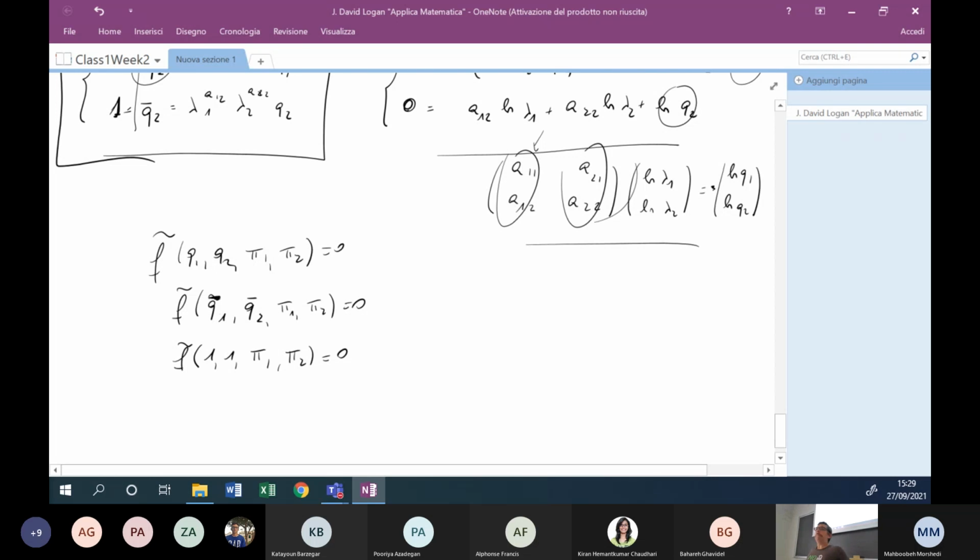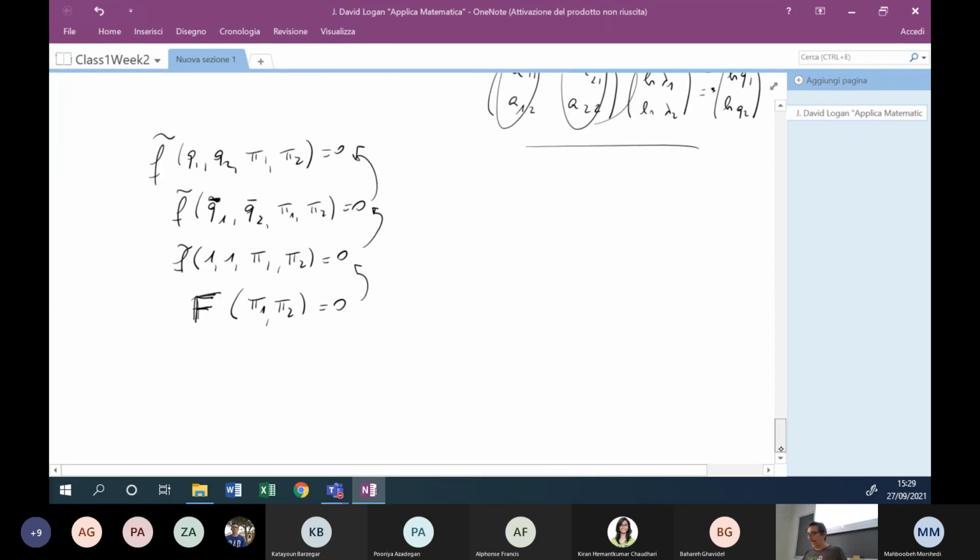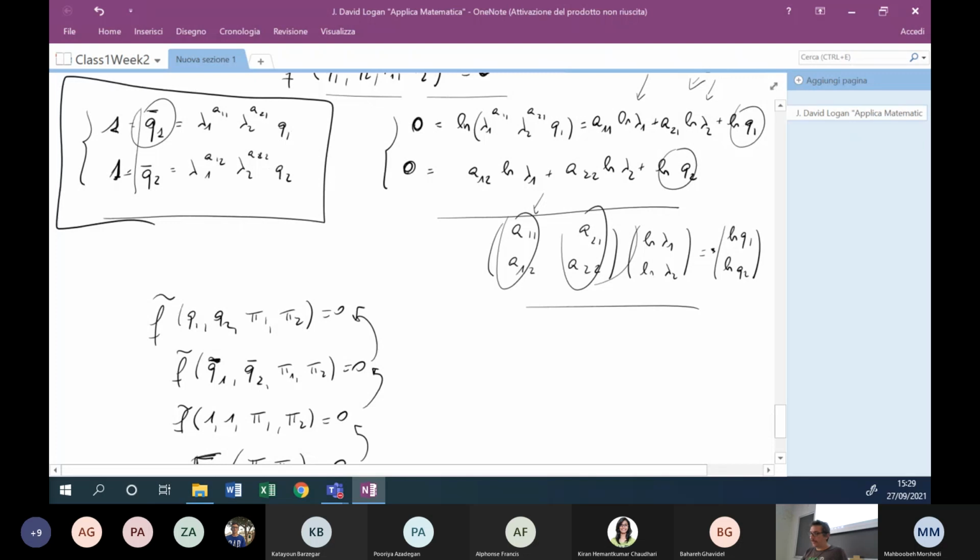But 1 and 1 are just constants. Who cares about them? This is actually some function, capital F, of pi 1 and pi 2. So going back, this is equivalent to this, this is equivalent to this, and this is equivalent to the starting physical law f of Q1, Q2, Q3, and Q4.